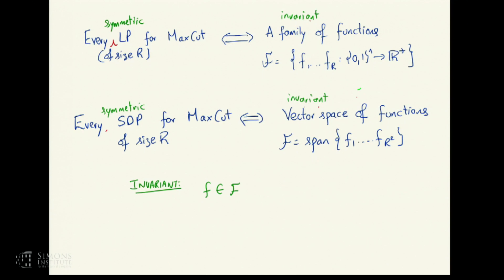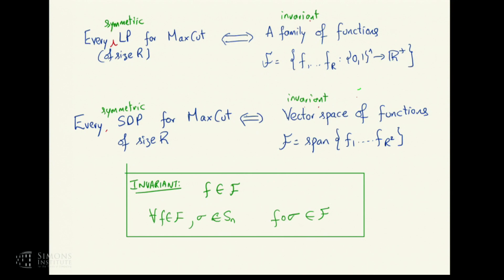So if you take any function f in the family and any permutation sigma, then f composed with sigma is a new function, and this function should also be in the family. That's what it means for it to be invariant.